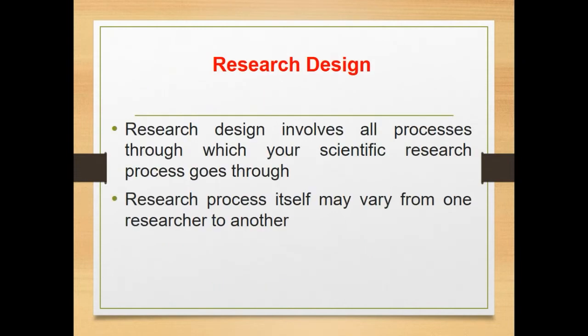In terms of research design, as we know it, it involves the processes through which your scientific research goes through. I think we've explained a little bit about it, that it will follow a particular process. And that process may vary from one research or the person conducting it to another.